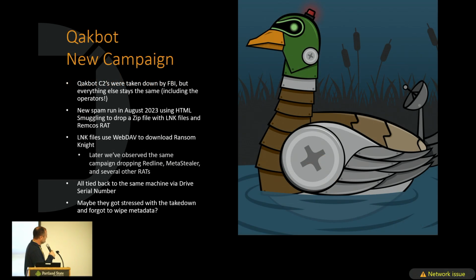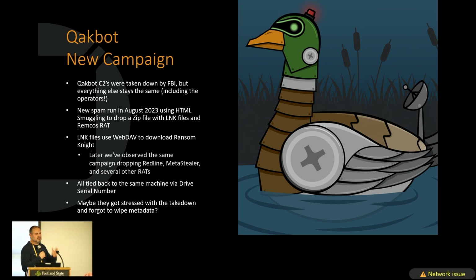So yeah, those are the details that I was talking about. The campaign is basically the same modus operandi that QuackBot had in the past. They have an HTML file that uses HTML smuggling to drop a zip file on the machine. This zip file has an XLL, an Excel add-on extension, which is basically a DLL. And this DLL is the Remcos binary, along with a link file in the same zip.